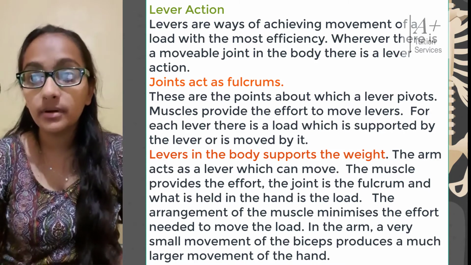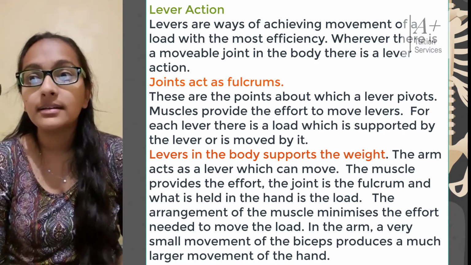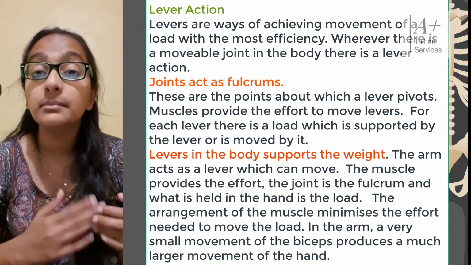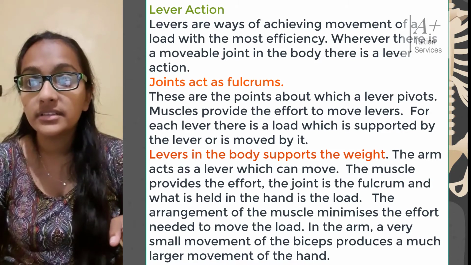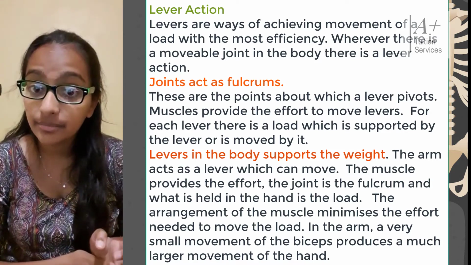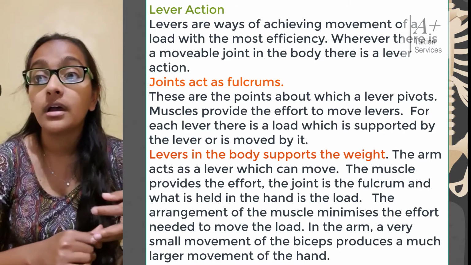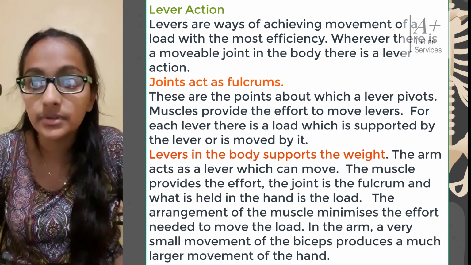So levers in the body support the weight of the body. The arm acts as a lever which can move. The muscles of the arm provide the effort to move. The joint is the fulcrum. What is held in your hand, any weighted object, is the load.